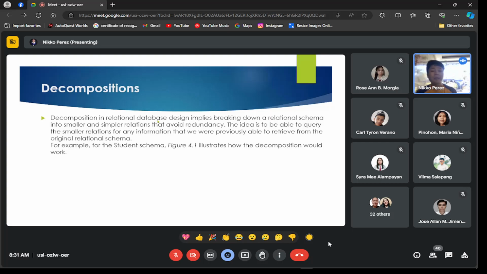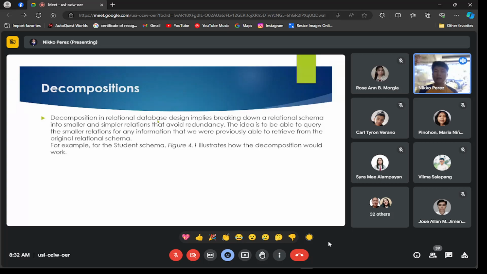Decomposition in relational database design implies breaking down a relational schema into smaller and simpler relations that avoid redundancy. So it just simply talks about avoiding redundancy as much as we could. Even if a design is broken down properly, at some point there may still be minimal redundancy.